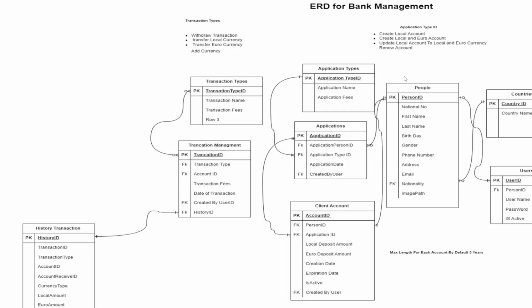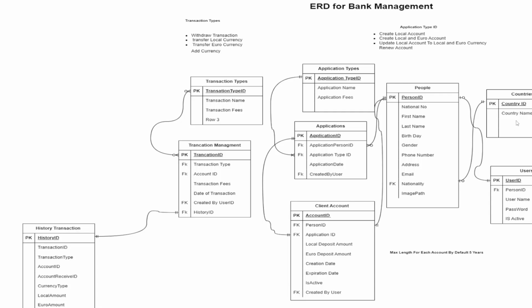So let's start with the people table. The people table contains the essential information about the person, and we have a foreign key for the nationality, which links to countries.